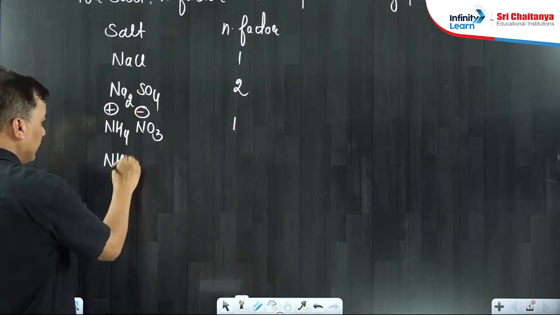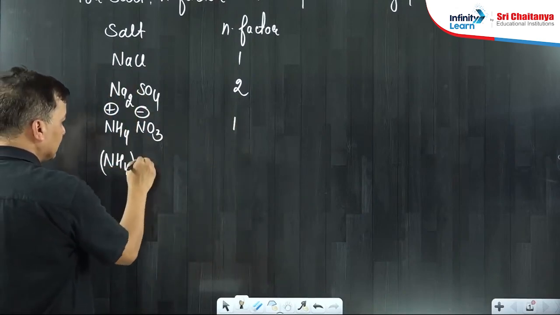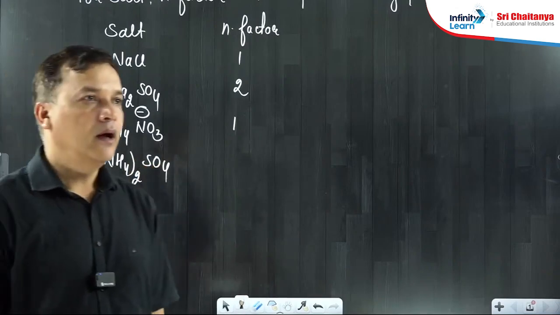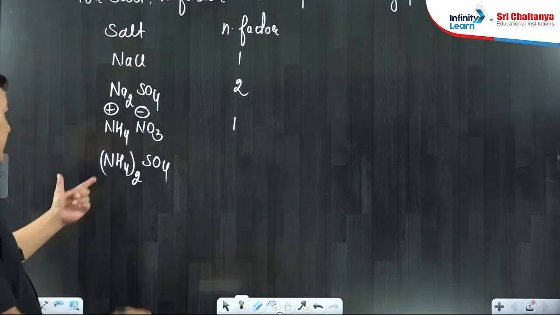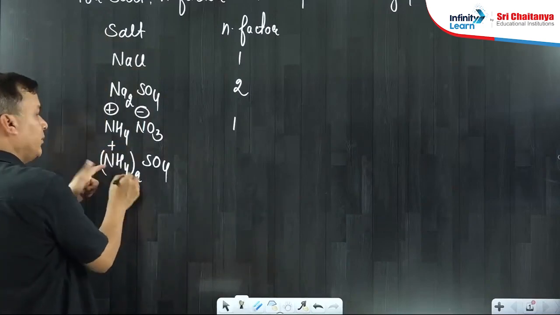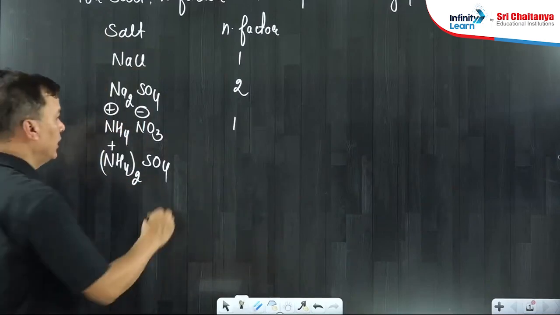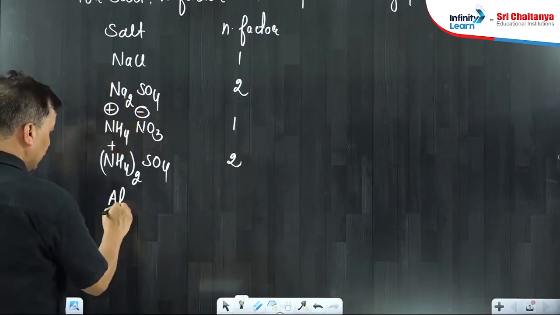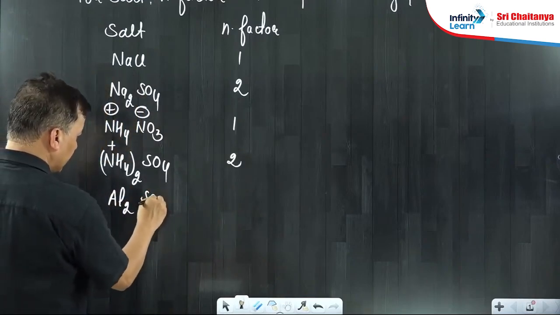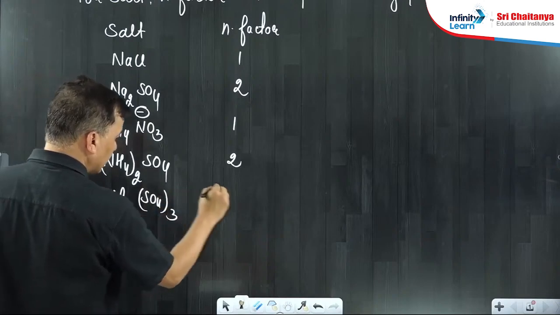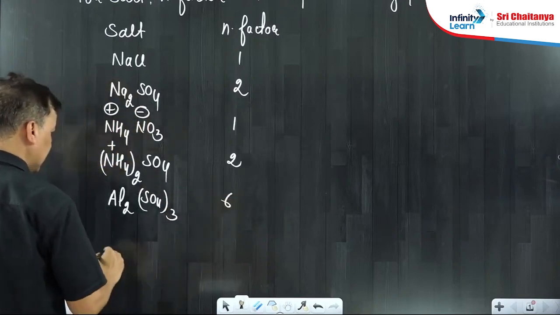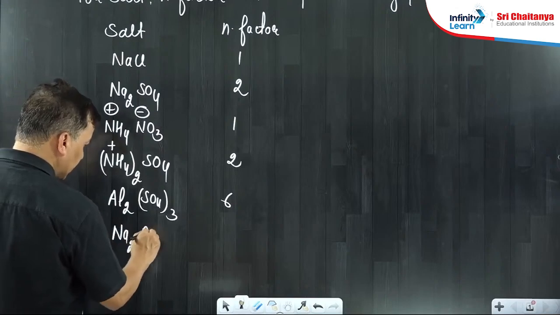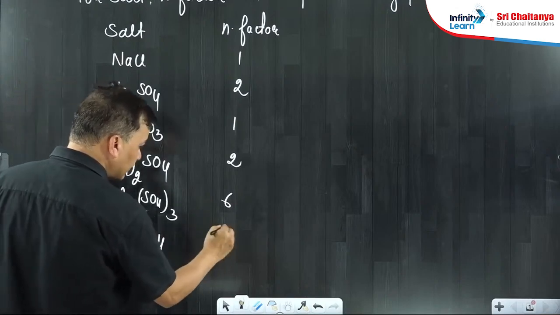Here is ammonium sulfate, (NH4)2SO4. One ammonium contains one positive, two ammonium contain two. Here it is 2. Then here is aluminium sulfate, Al2(SO4)3. Its n factor is 6. Then here is sodium phosphate, Na3PO4. N factor is 3.